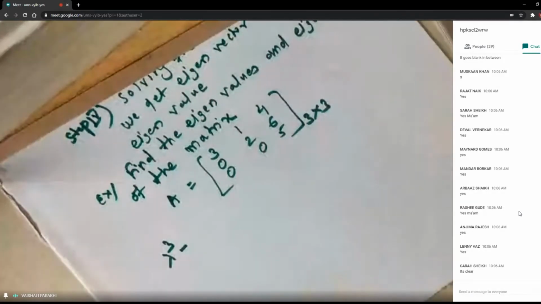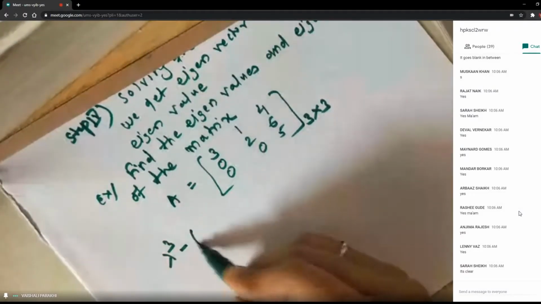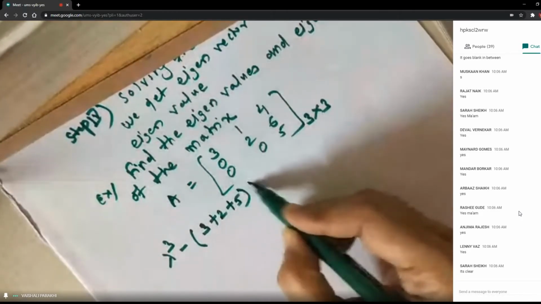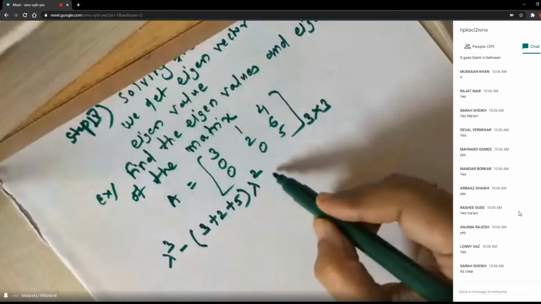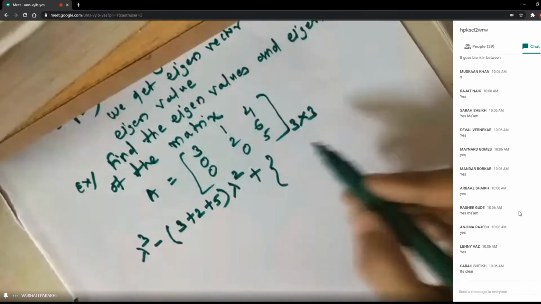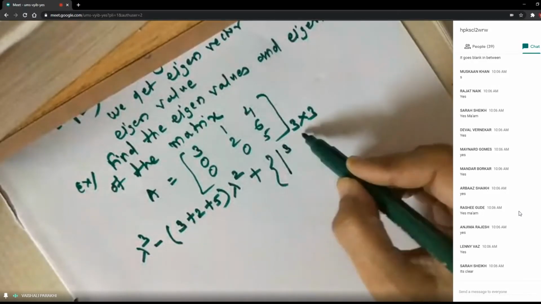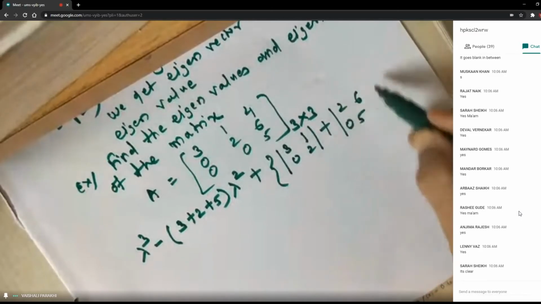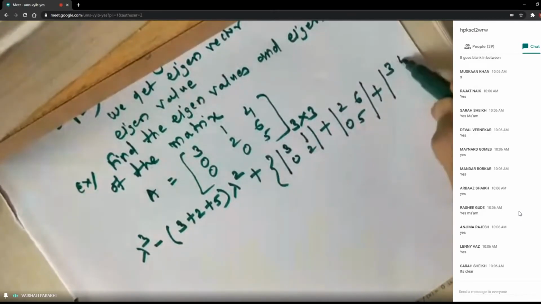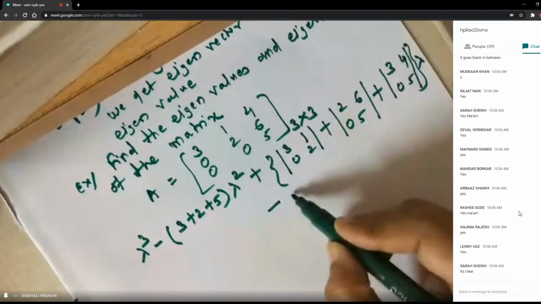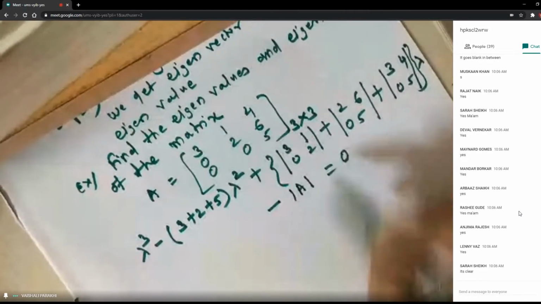Alternate changes in the signs, if you remember, minus sum of the diagonal elements, that is 3 plus 2 plus 5, lambda square, plus, put the bracket, then we put the 3 minus first 4 numbers plus last 4 numbers plus corner numbers. And this is the coefficient of lambda, and minus determinant of the given matrix, and is equal to 0.